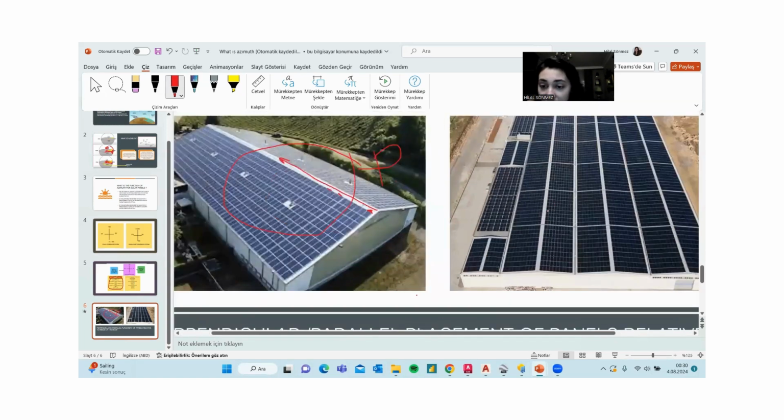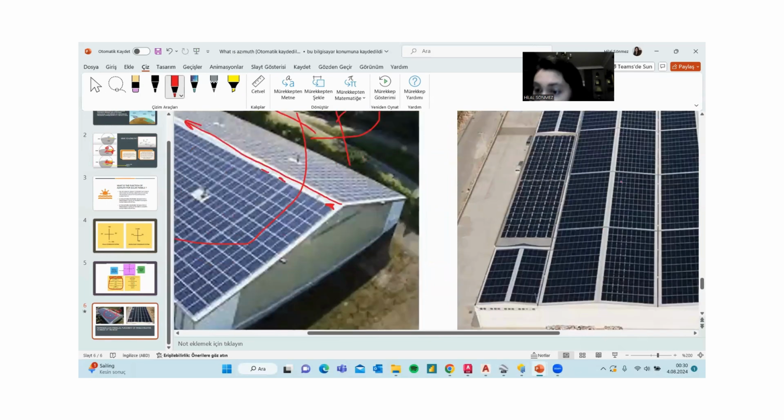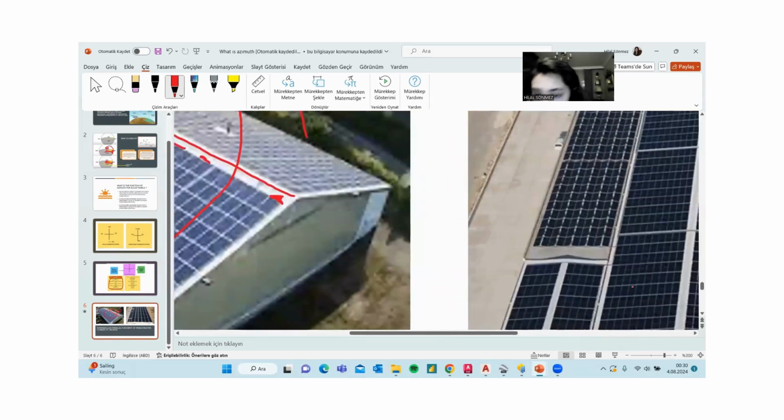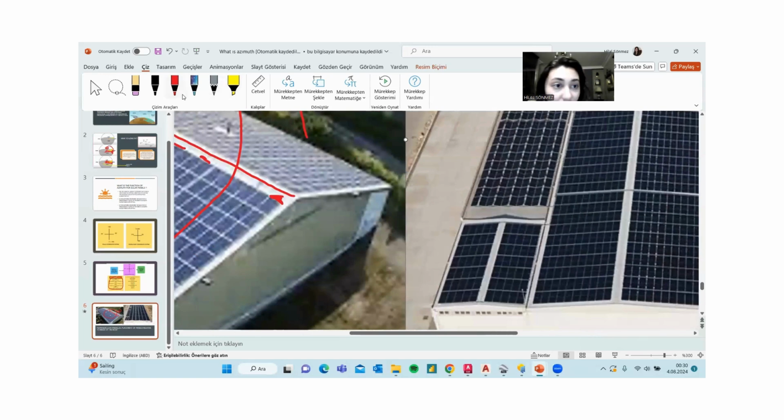But as you can see from that image, if we are placing our panels with the height of our panels along the ridge of the roof, then we will say it is a parallel placement, actually. What is parallel placement?